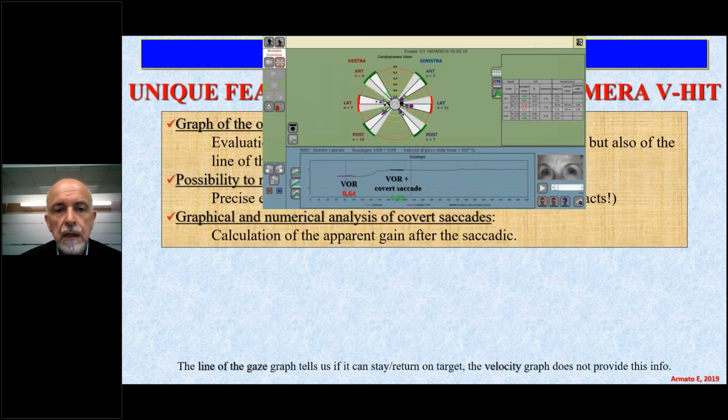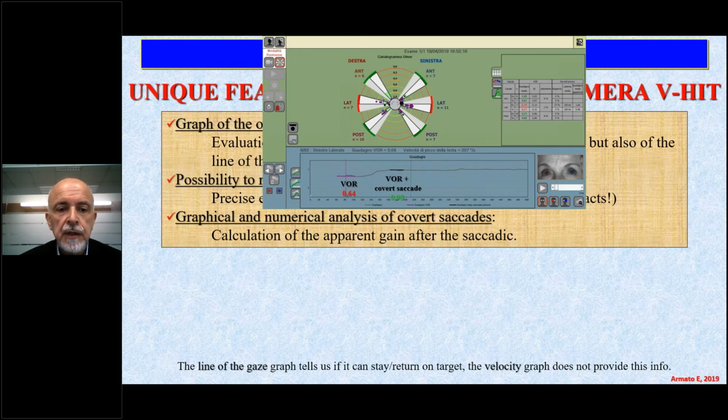And then, last but not least, a graphical and numerical analysis of the covered saccades. It gets the calculation of the apparent gain after the saccadic movement.